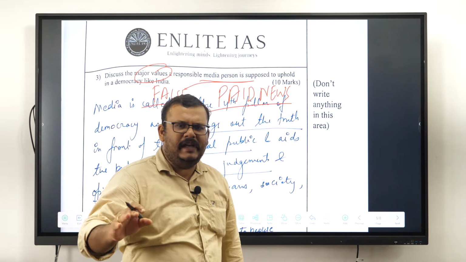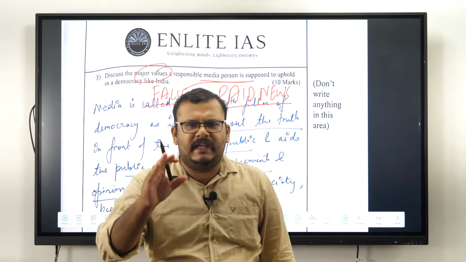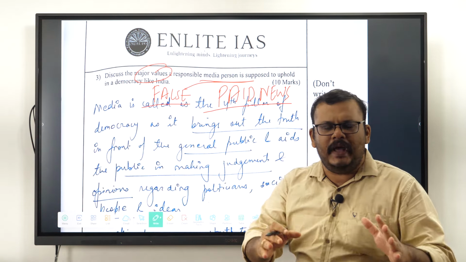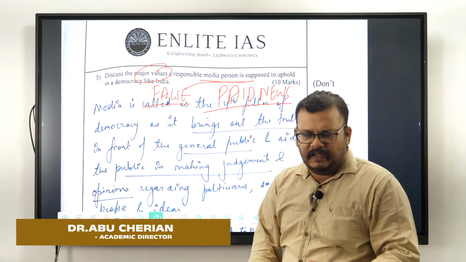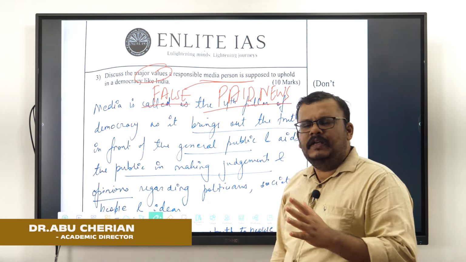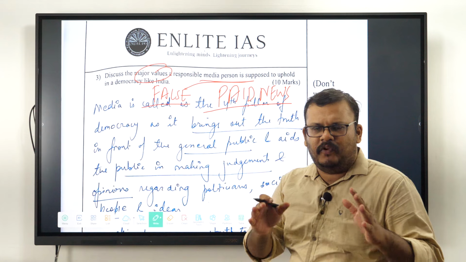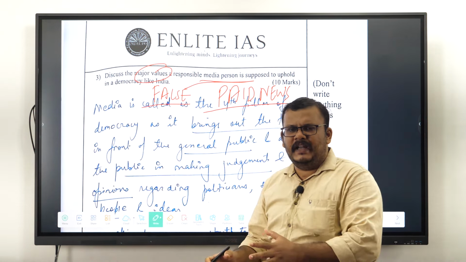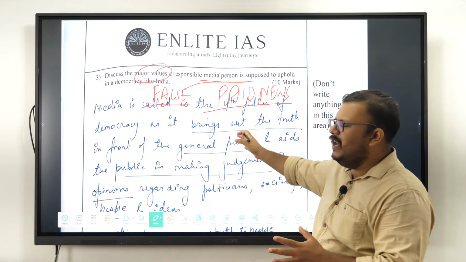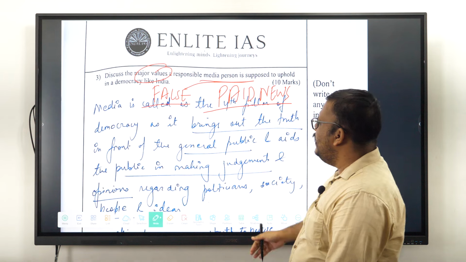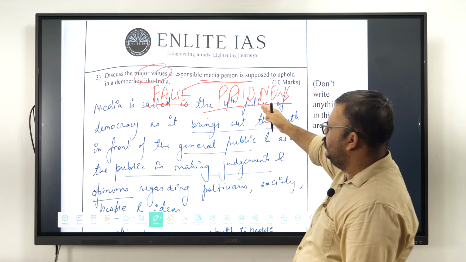Once a media person is upholding values, automatically it will help in upholding democracy. So you need not focus too much on the rest of the question. The primary focus is how, if a media person is upholding values, it can benefit the common man.